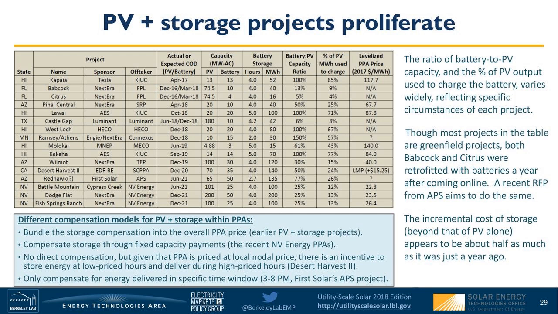So, for example, NextEra's Citrus project, which is the third one listed there, that Florida project is DC coupled, and it's intended to capture what would otherwise be midday clipped energy resulting from a very high inverter loading ratio. I think it's about 1.65. Since the amount of clipped solar energy is generally pretty small, though, the battery capacity is sized to be just 5% of the PV capacity.